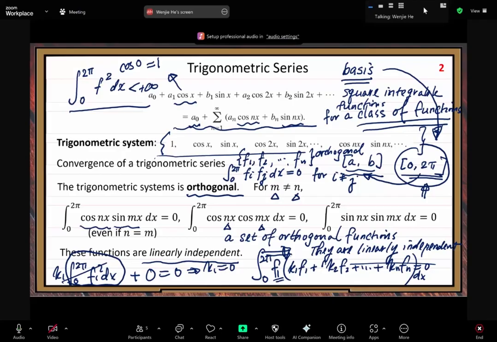All the way to the last one, fn, kn must be 0. All the k's must be 0. These functions must be linearly independent. So orthogonality implies linear independence. Orthogonality is much stronger than linear independence. So that's why I say orthogonality is a very desirable property.